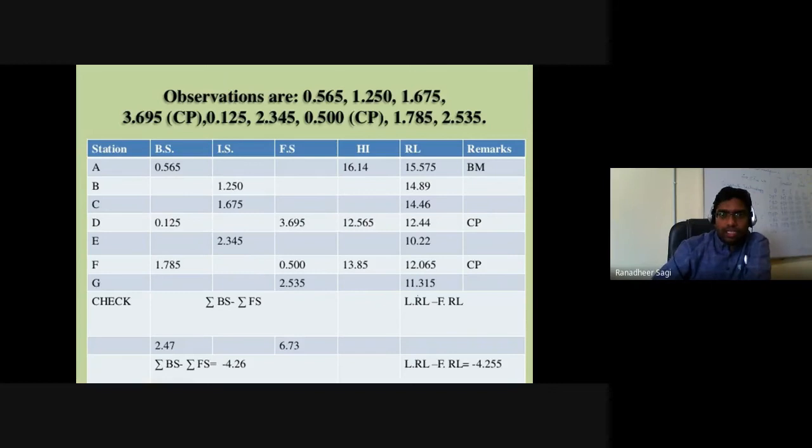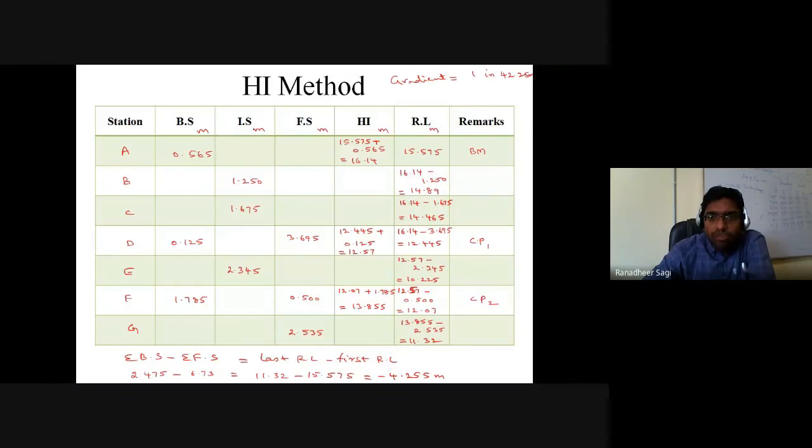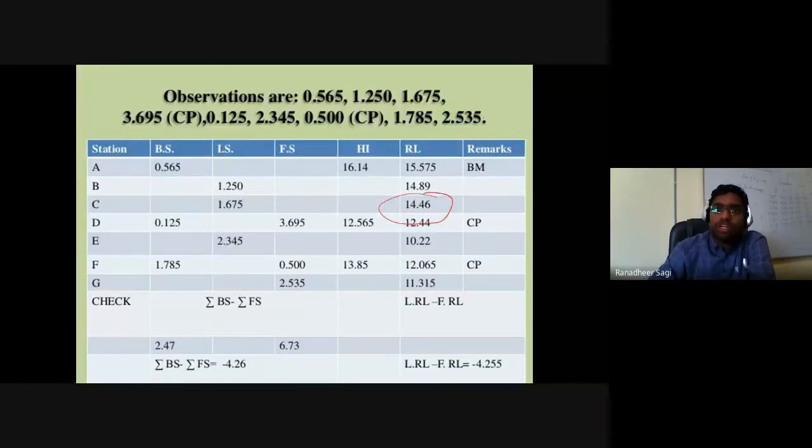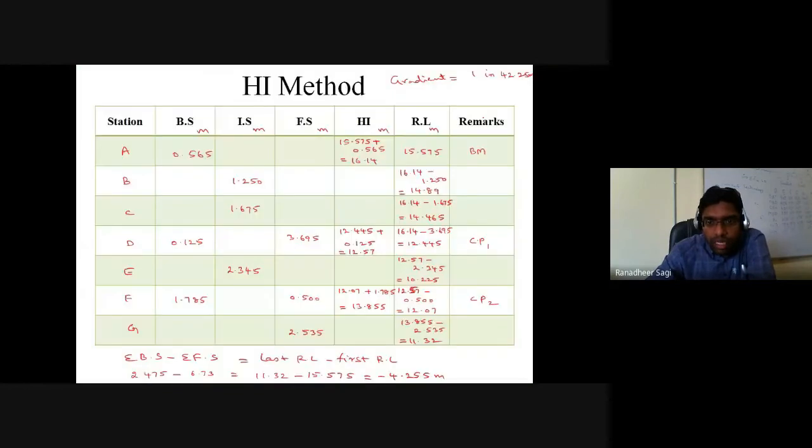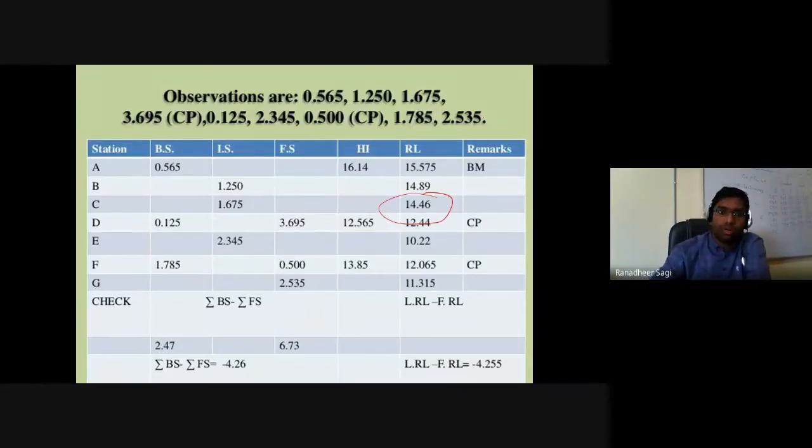The calculations here in the rise and fall method table are slightly wrong from this point. So this should have been 14.465. Next should have been 12.445, and next should have been 10.225, and so on. There is a slight mistake: a small variation of 0.005 meters is not reflected there.